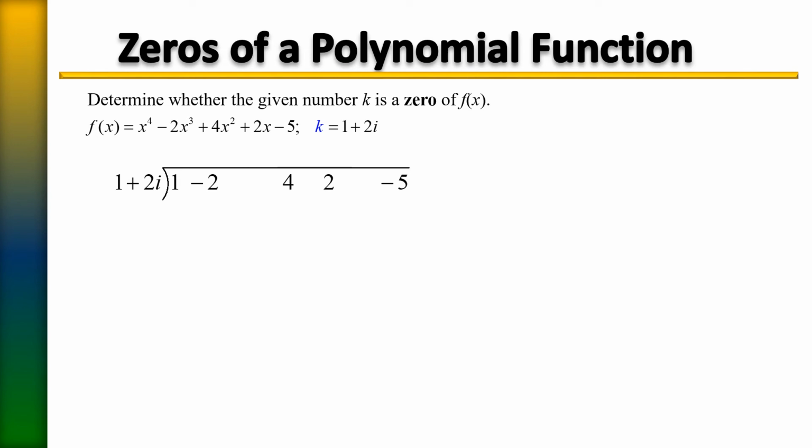But again, you're going to have to recall your knowledge about how to add, subtract, and multiply complex numbers, which should have been covered in the section or the course before this one.